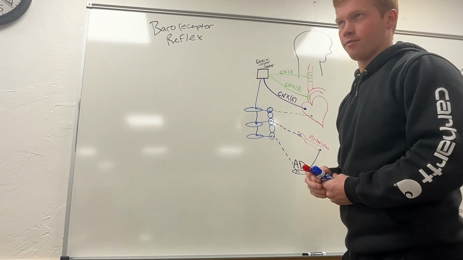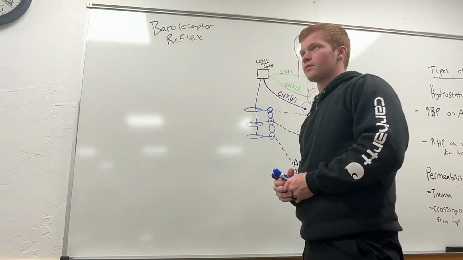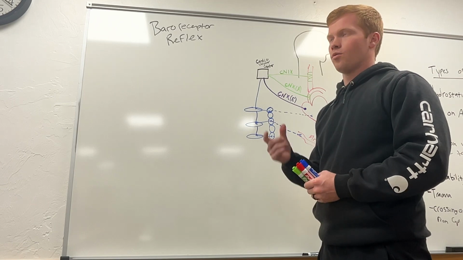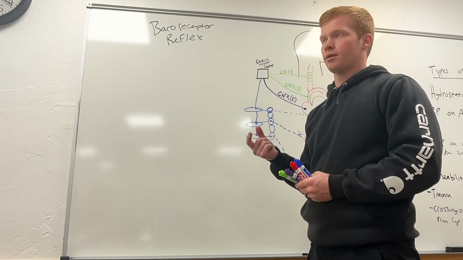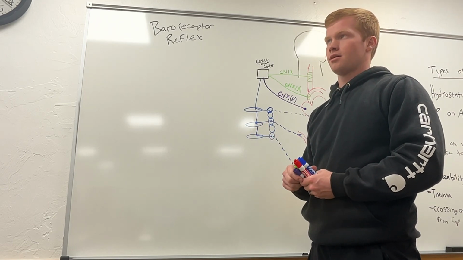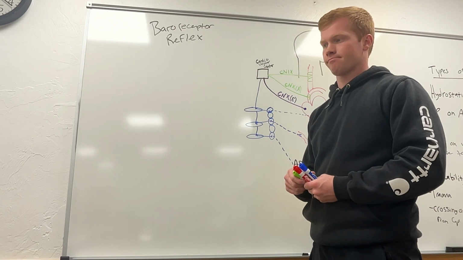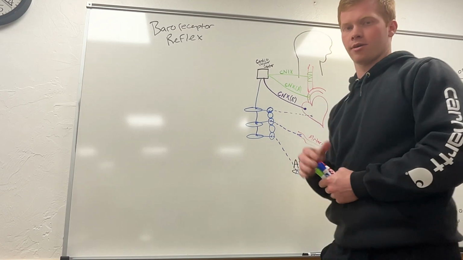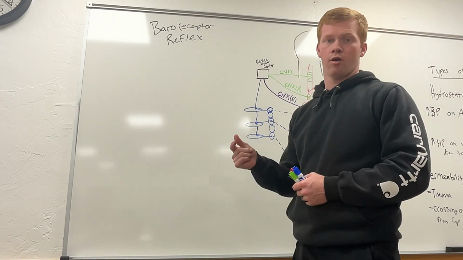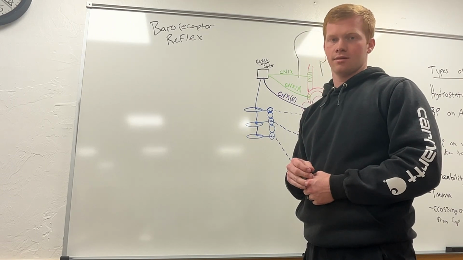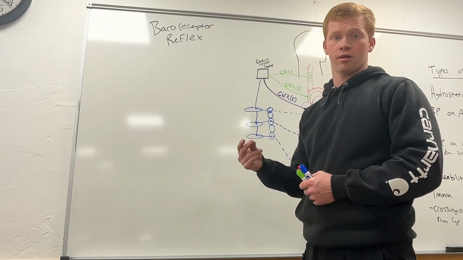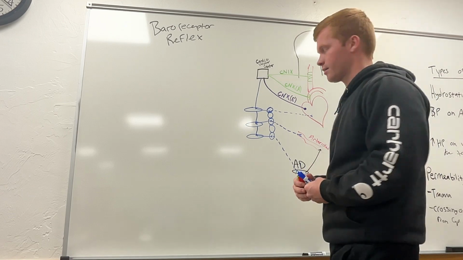I think in a video I watched, it was saying that once the baroreceptor picks up on a change of blood pressure, within 2 heartbeats the effectors are working to fix that. So it's really quick.